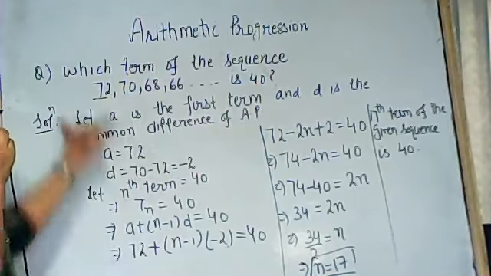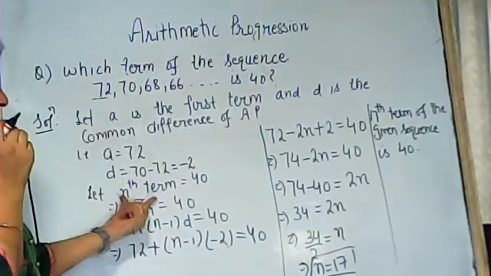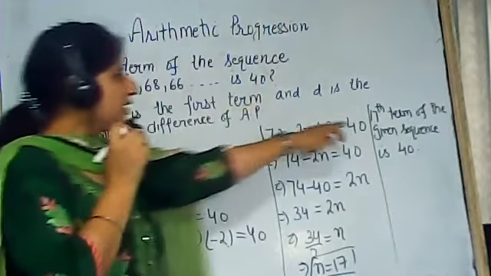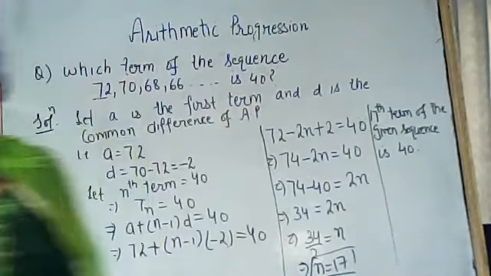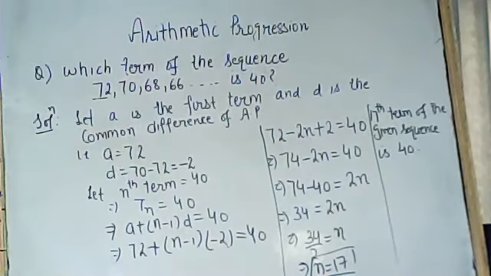So after applying the formula of nth term, we can conclude the 17th term of this particular sequence is equal to 40. So these two examples are based on the formula of nth term, or we can say the general term of arithmetic progression.